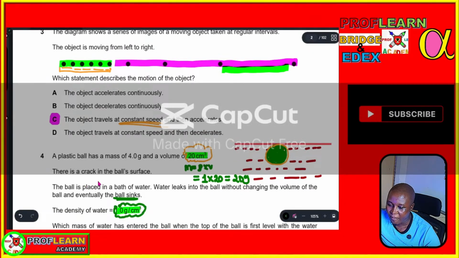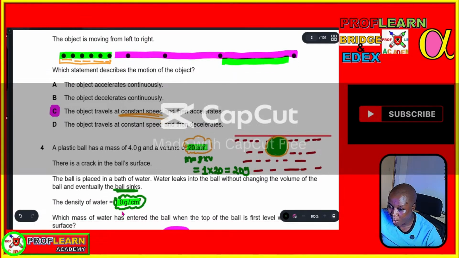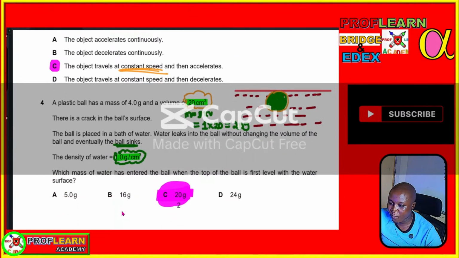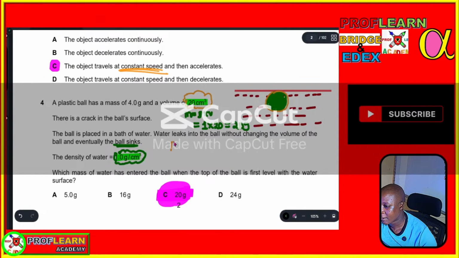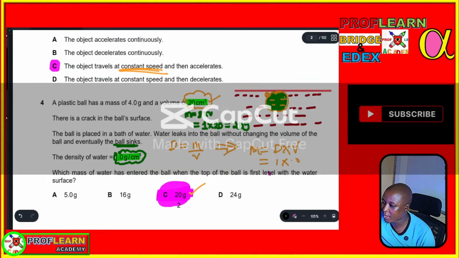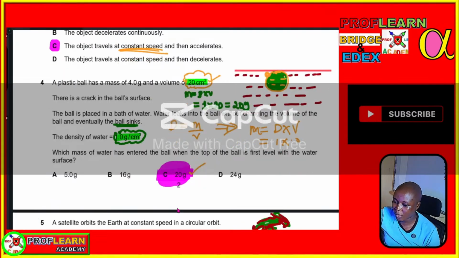We are told that the density of water is 1.0 gram per centimeter cubed. Density equals mass over volume, which implies that mass equals density times volume. The volume of water entering through the crack is 20 centimeter cubed and the density is 1, so this is 1 times 20, and we're going to have 20 grams. So the correct answer there is going to be C.